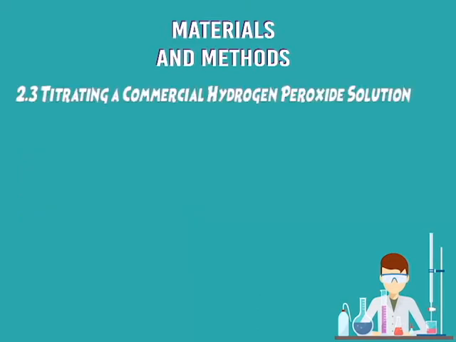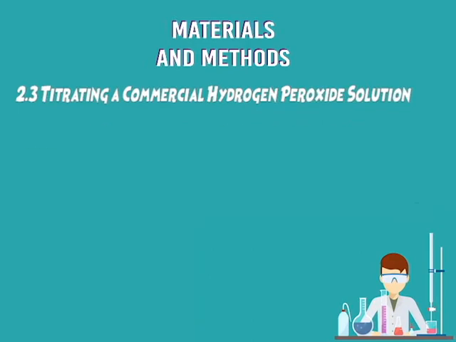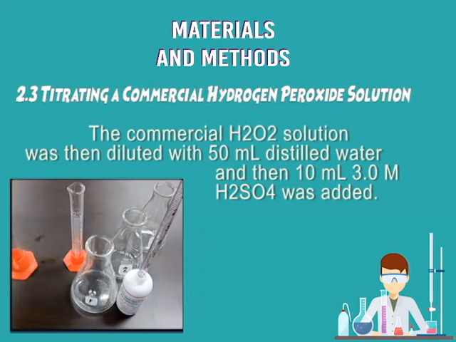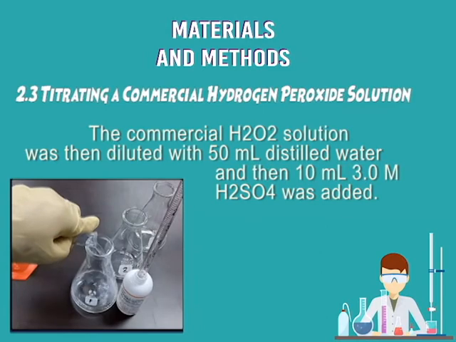Titrating a commercial hydrogen peroxide solution. For the second set of experiments, 5 ml of the commercial hydrogen peroxide solution was transferred into a clean 250 ml Erlenmeyer flask using a burette. It was then diluted with 50 ml distilled water, and then 10 ml of 3 molar sulfuric acid was added.